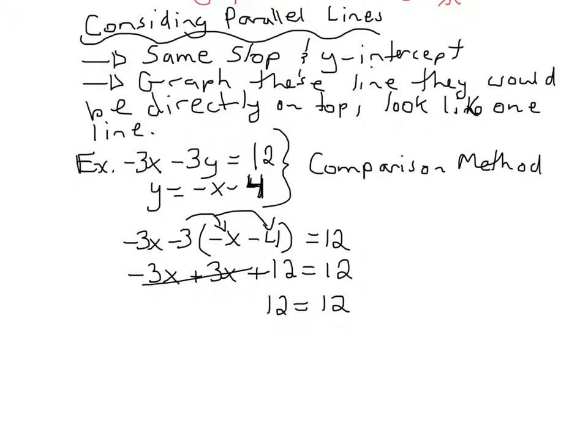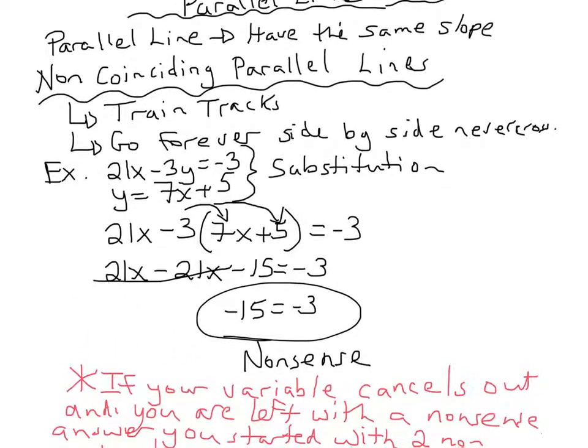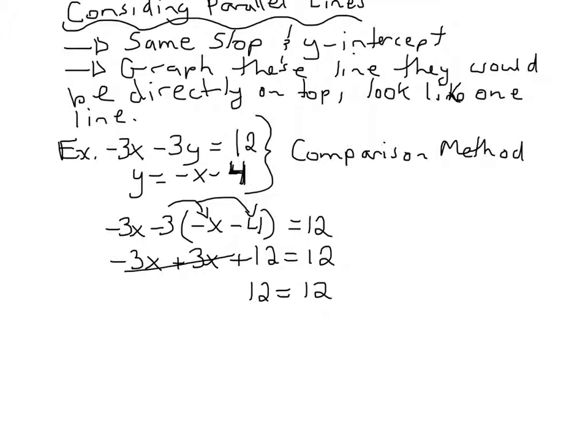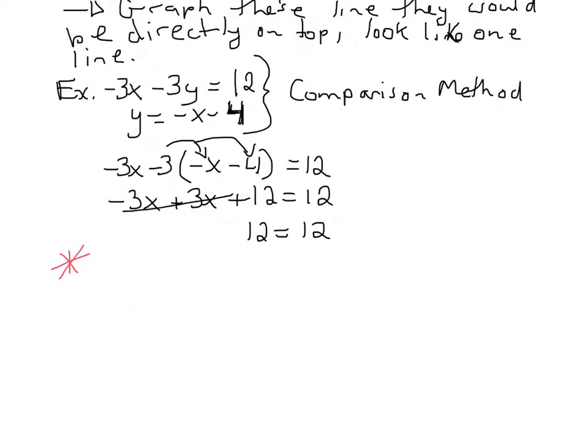And so that's the biggest difference between non-coinciding parallel lines, where we end up with a nonsense answer and our variables cancel out, and coinciding parallel lines. For coinciding parallel lines, we still see our variables cancel out.